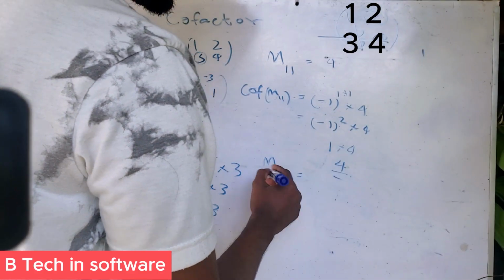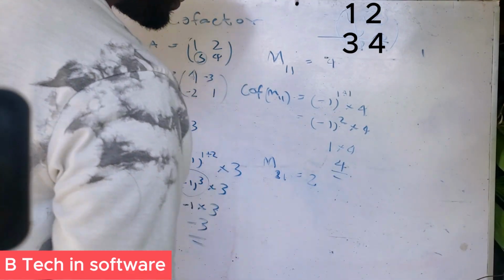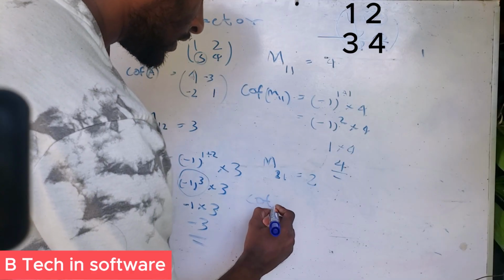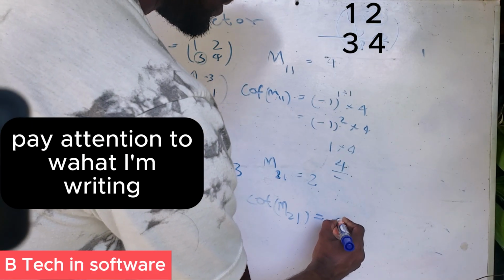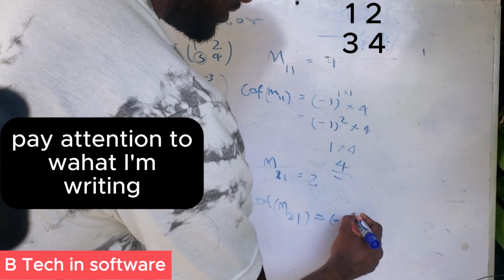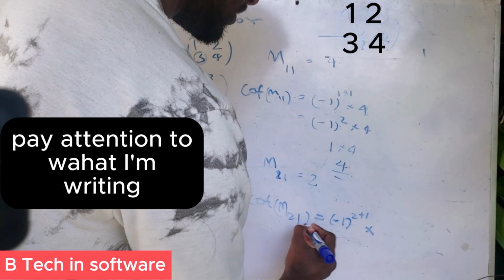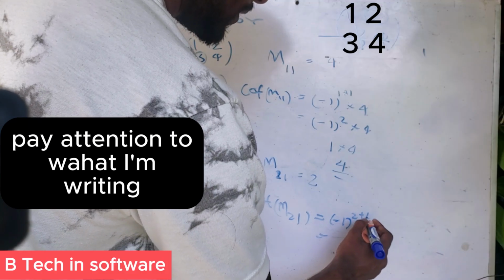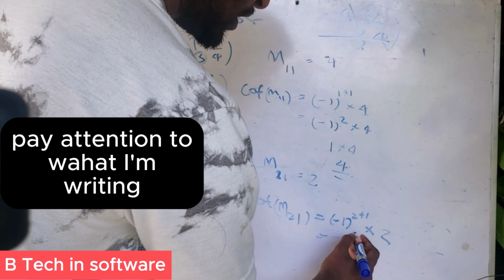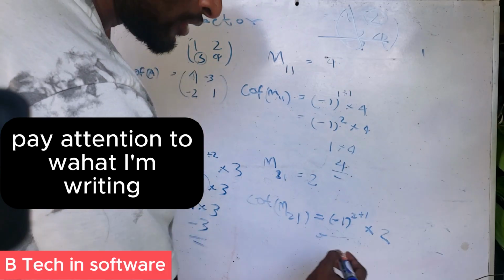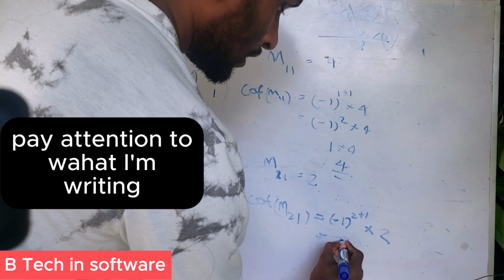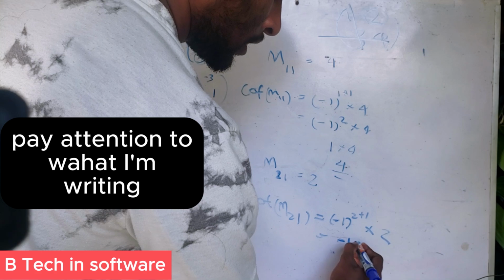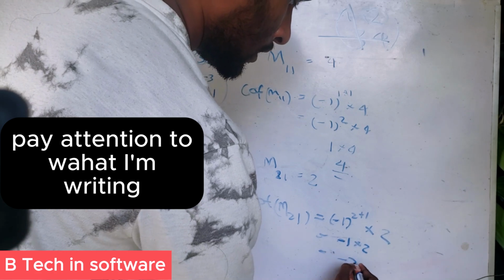The minor of this third element is 2. Let's find the cofactor. Minus 1 to the power of 2 plus 1 times 2. Now 2 plus 1 is 3. 3 means it is an odd number. If it is an odd number, we will get minus 1 times 2, minus 2.